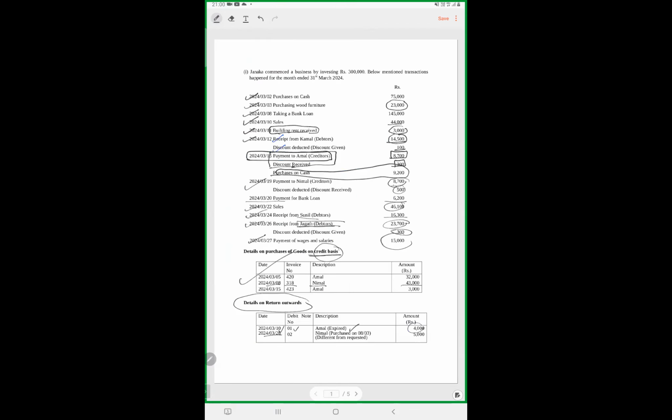The next one, sales of goods on credit basis as well as details on return inwards. In this table, you are given both sales of goods on credit basis and also return inwards. I corrected it yesterday, inwards.